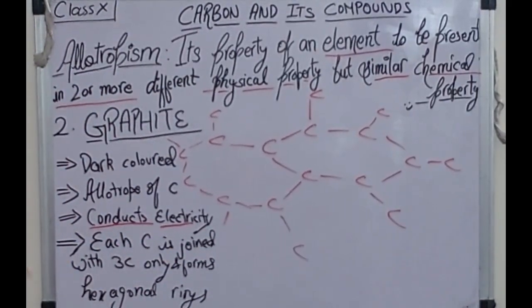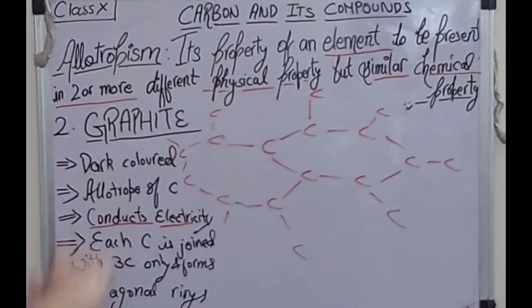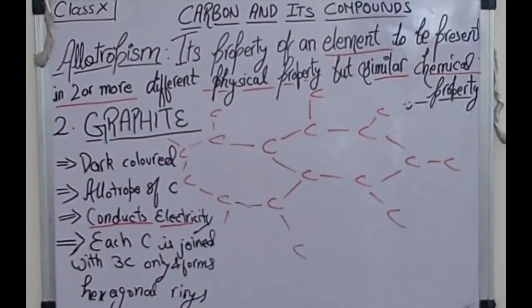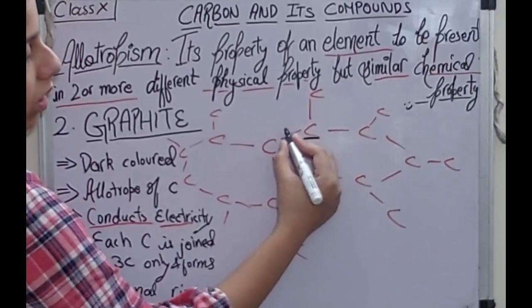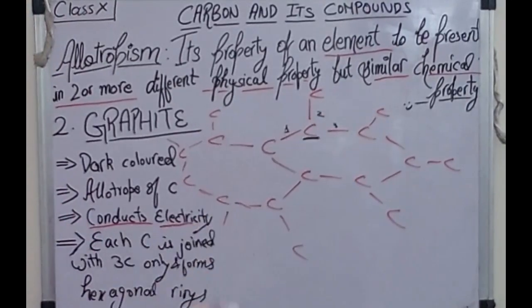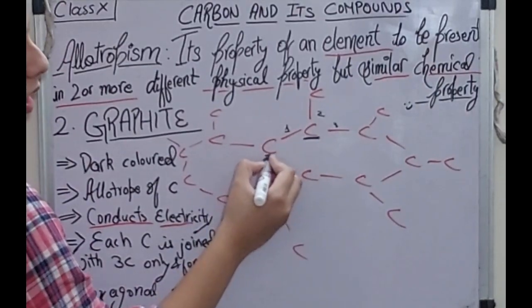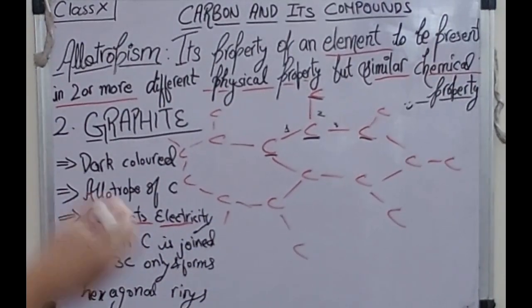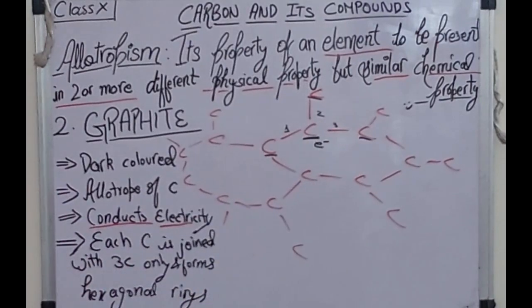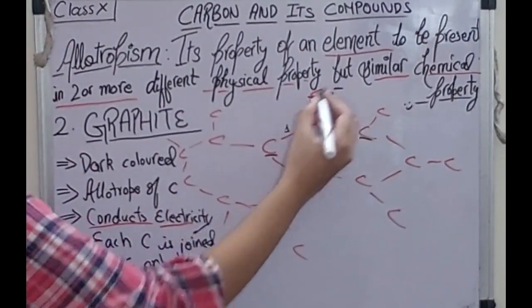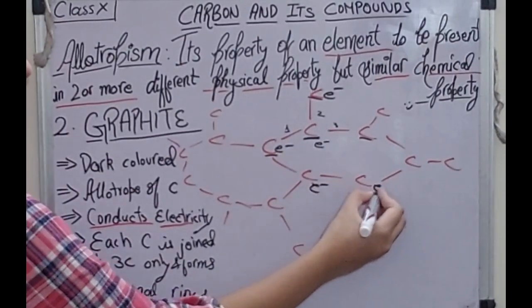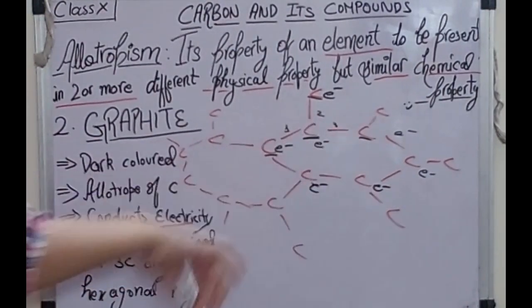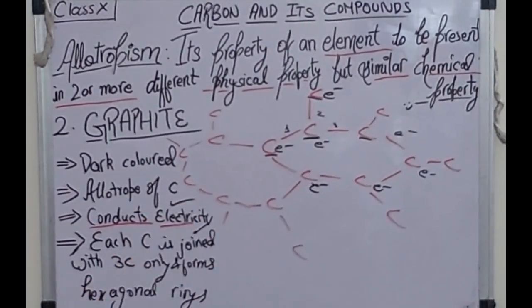Hence, the free electrons of this structure of graphite are actually helping out in the conduction of electricity. Let me tell you: this carbon is making three single covalent bonds and joining with only 3 carbons, which means one electron is free with this one. Similarly this one will have it, this one too, everyone will. So all these electrons actually help in conduction of electricity.